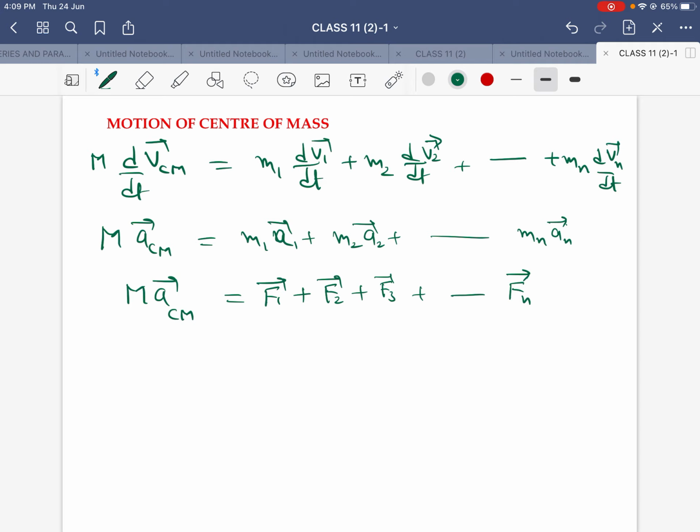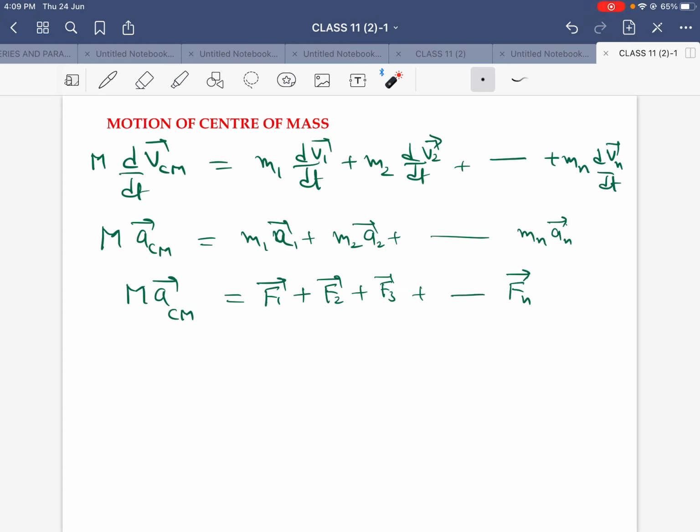Therefore, the total mass of the system of particles, that is capital M, multiplied by the acceleration of center of mass is equal to the vector sum of all the forces acting on the particles.